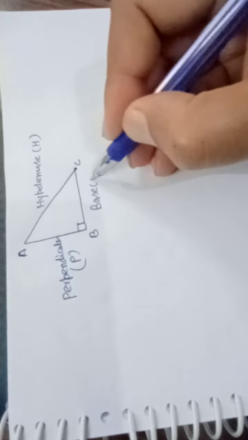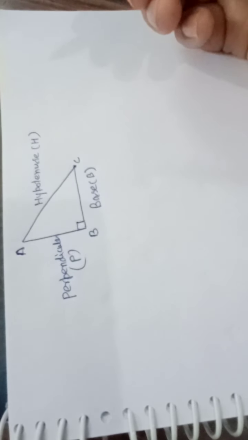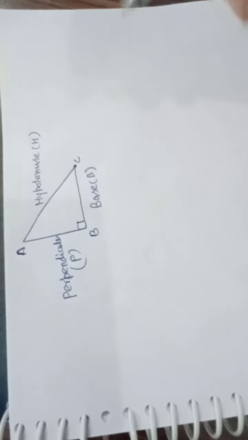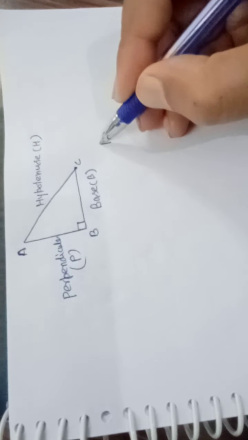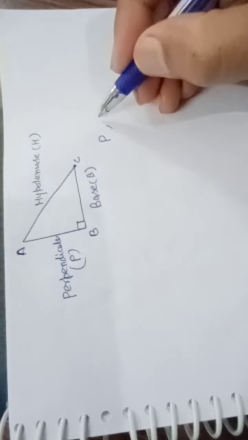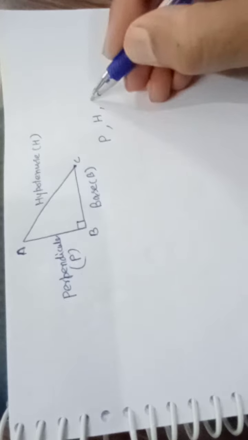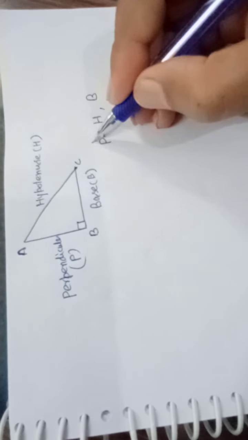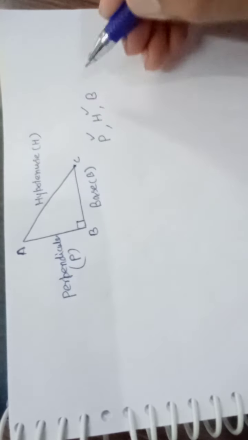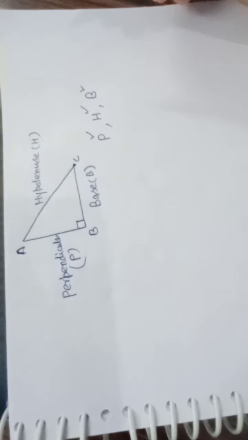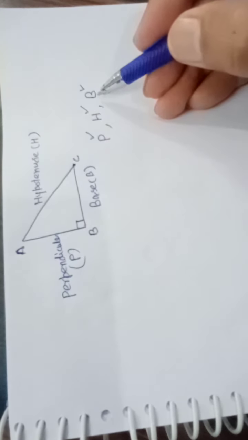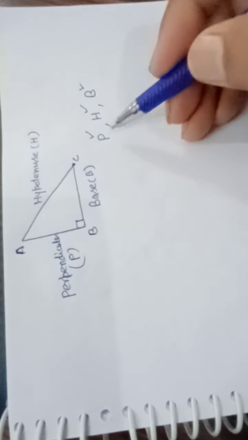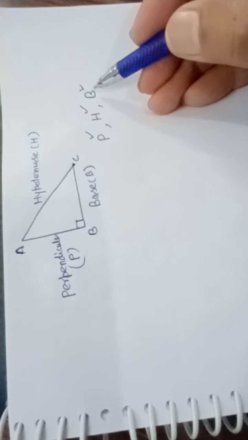I will refer to it by B. So in every right angle triangle, we have P, H, and B: perpendicular, hypotenuse, and base.